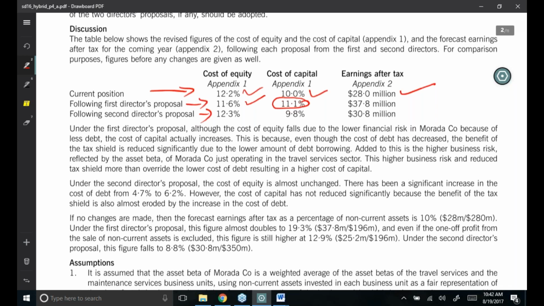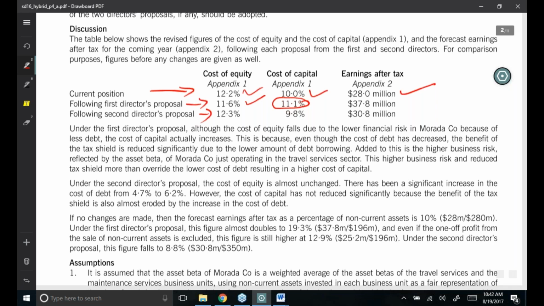Because you are reducing 80% of your loan, and when the cheaper borrowing is no longer there, your cost will increase, because now there is no cheaper cost of debt.